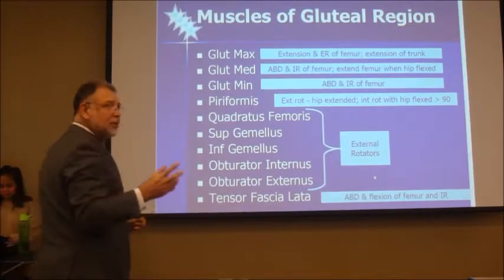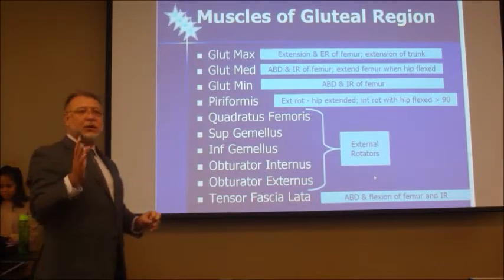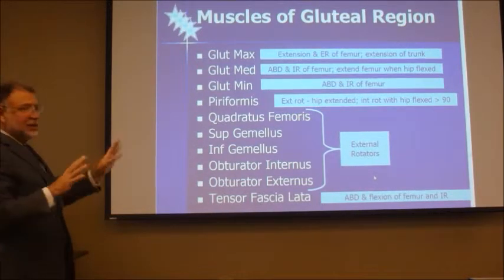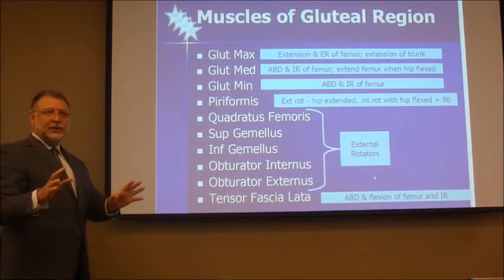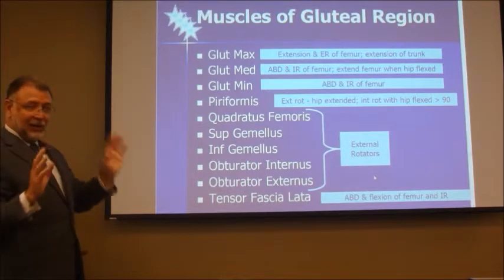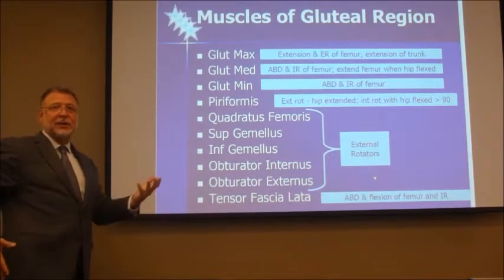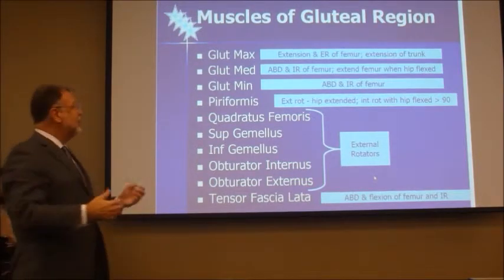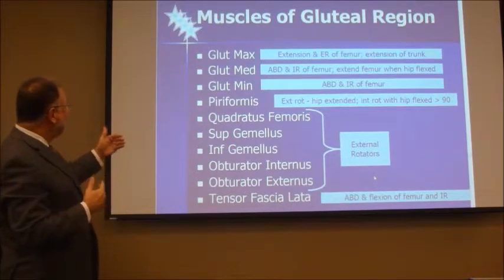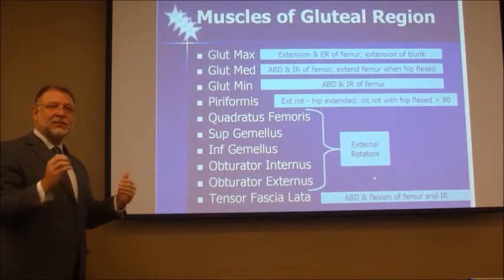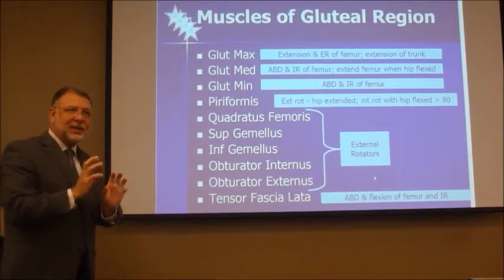So we're going to review the gluteal muscles at the hip region. The ones that you're going to be considering all the time, very fast, are the gluteus muscles, because anatomically they're the easiest ones to understand. The gluteus maximus is a little bit different from the gluteus medius and minimus in two basic aspects.